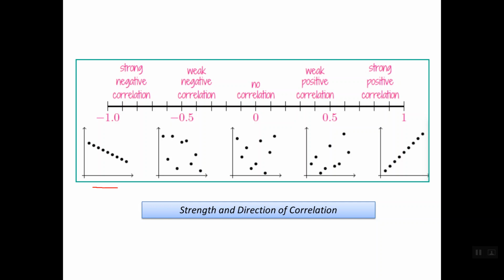On the opposite side, here we have a strong positive correlation, simply because as the value of x increases, the value of y also increases. And it is considered to be complete correlation because we can join all of these points in one single straight line.